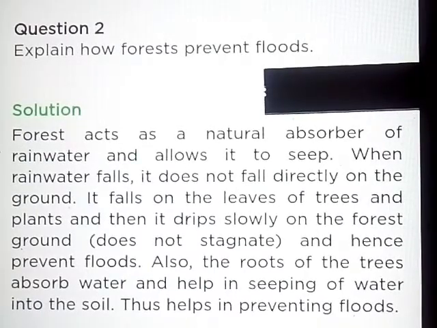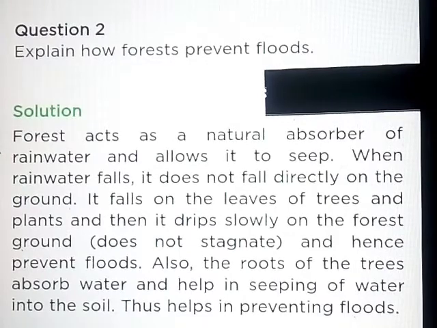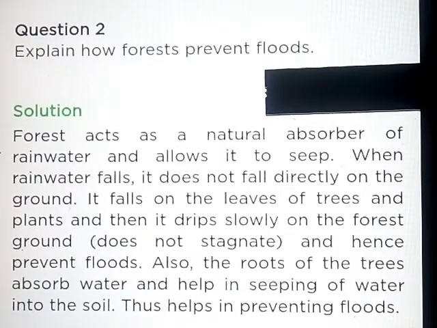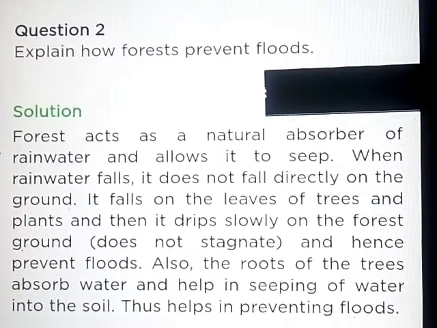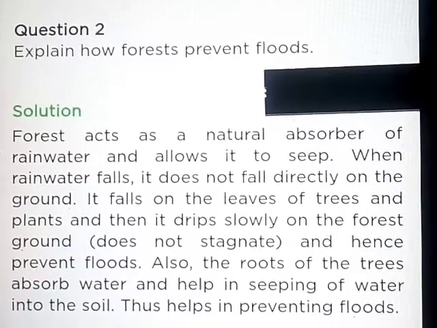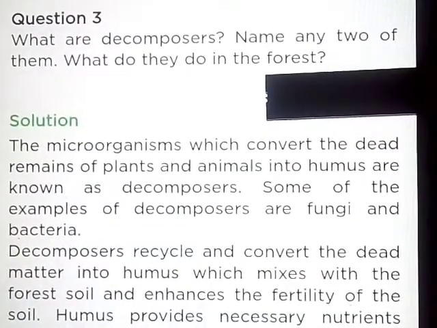It falls on the leaves of trees and plants, and then it drips slowly on the forest ground, does not stagnate, and hence prevents floods. Also, the roots of the trees absorb water and help in seeping of water into the soil, thus helping in preventing floods.